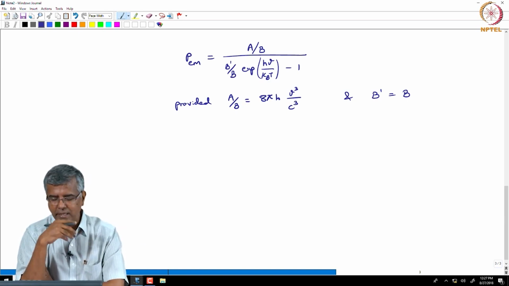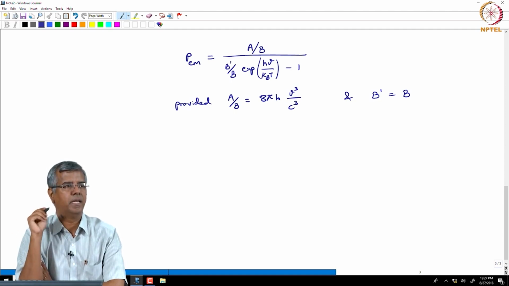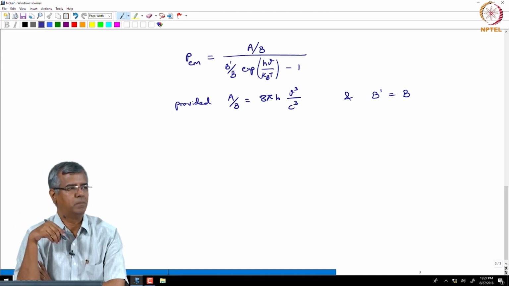So then he said, okay, all these are consistent with Planck's observation. The only thing that Einstein is adding over what Planck was observing is that Planck was observing only spontaneously emitted radiation, whereas Einstein observed that there could actually be stimulated emission as well, okay.